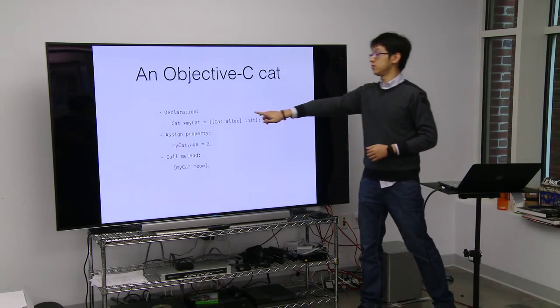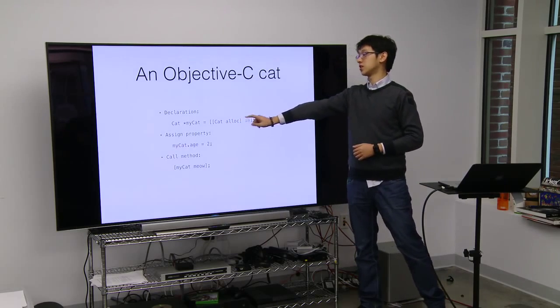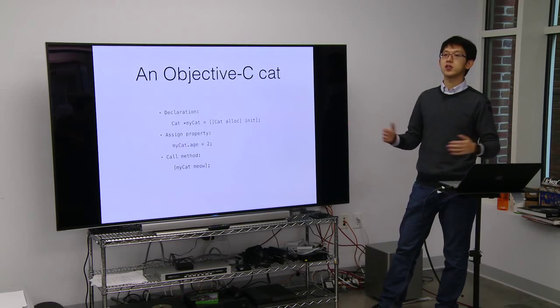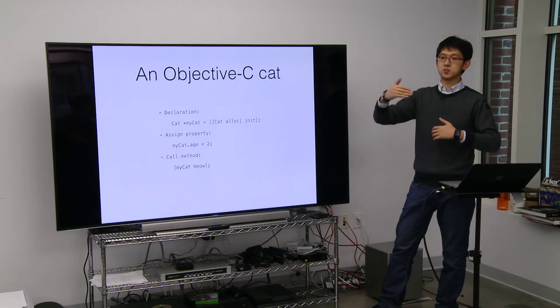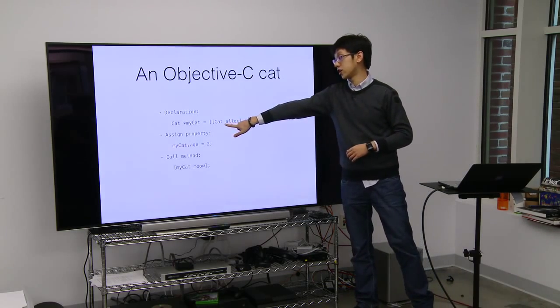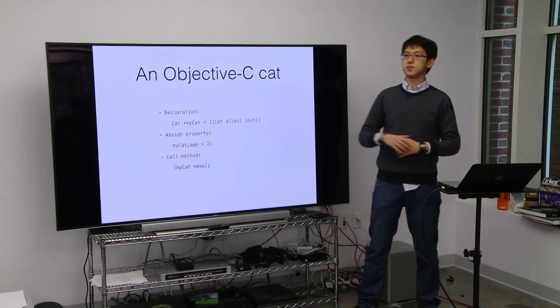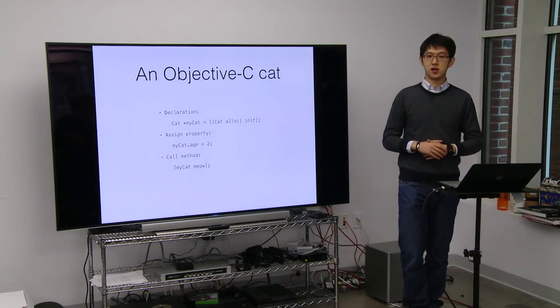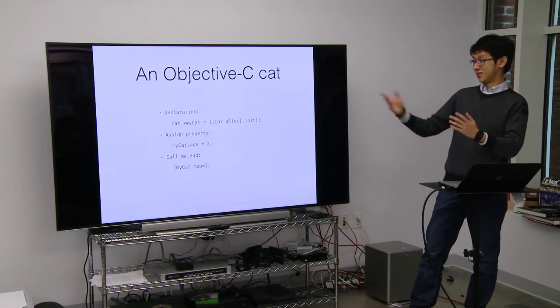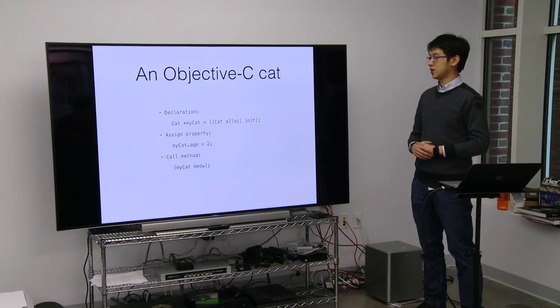And you call the class method called alloc, which is basically malloc, telling the operating system that you need some memory space for this object. After that, you have an object already, and you just initialize it. This is just convention. I know it's a little bit weird, but this is actually how Apple does things.